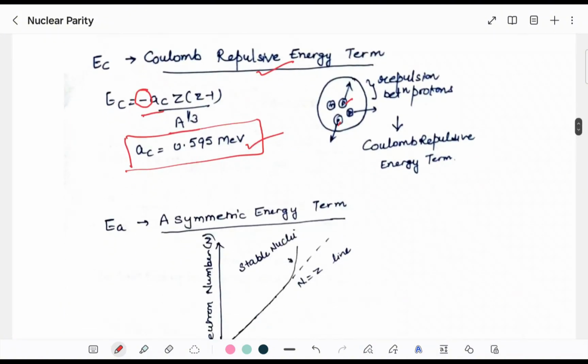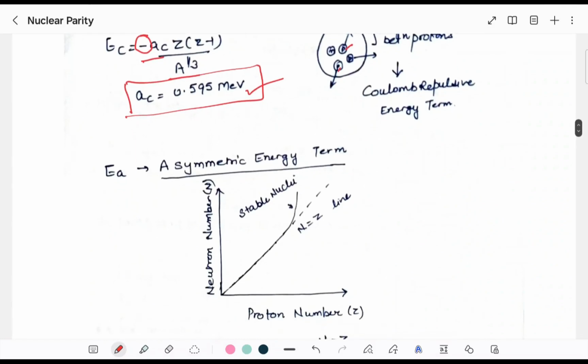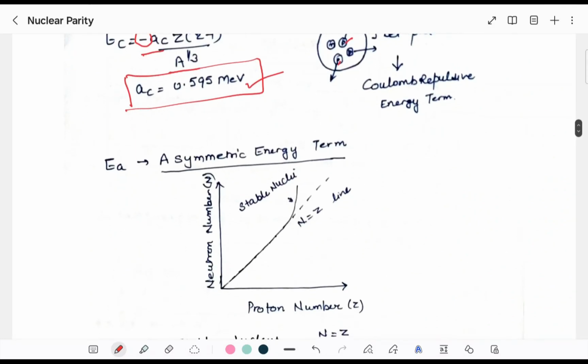Next factor is the asymmetry energy term. Now let's understand what the asymmetry energy term is. Let's plot a graph between proton number and number of neutrons. There is a case when the number of neutrons and protons are equal, then we say our nuclei is stable.